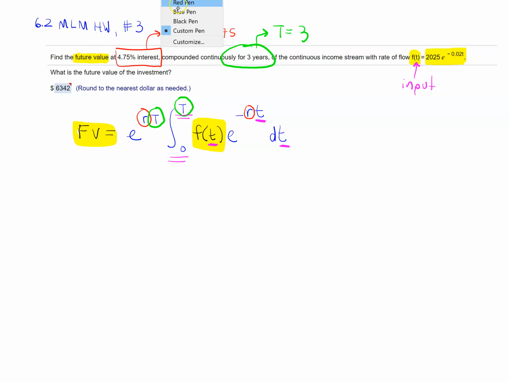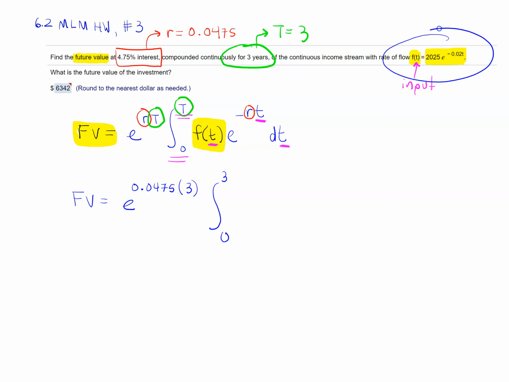So let's go ahead and plug in this information here. So my future value is going to be e to the r times capital T, which is a 3, and we're going to integrate from 0 to 3. So for 3 years, from year 0 to year 3. And then I'm going to replace F of T with my function rule here.